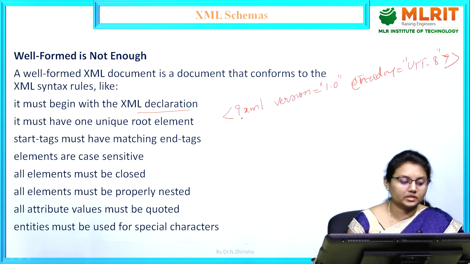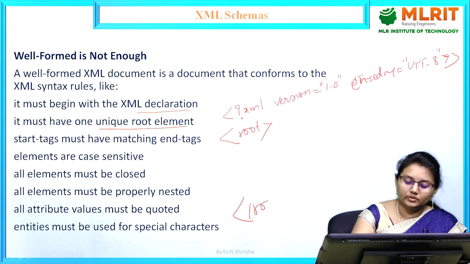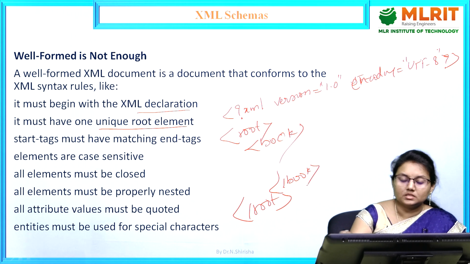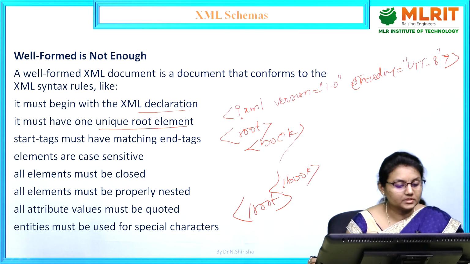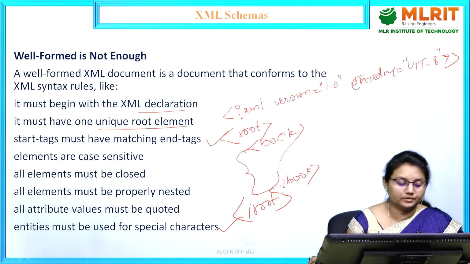Like that you can give it. It must have one unique root element. You will have a root element, close the root at the last, and you will have child elements, close the child elements here. It must have one unique root element. This is the root element for all the child elements that you write.